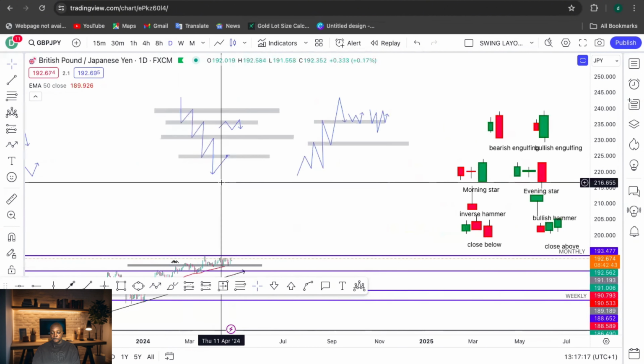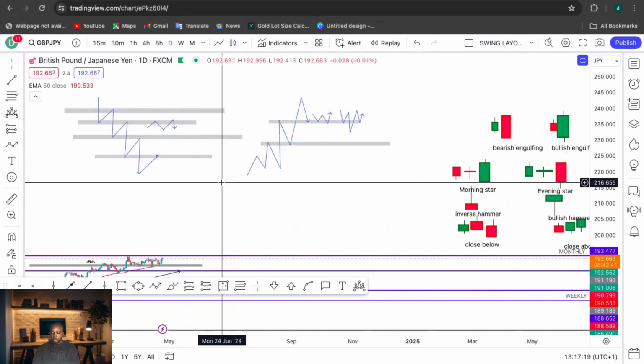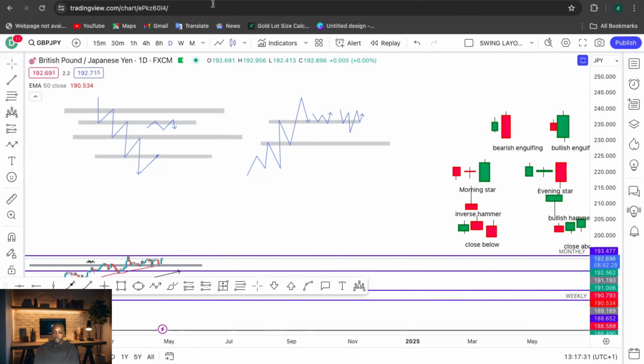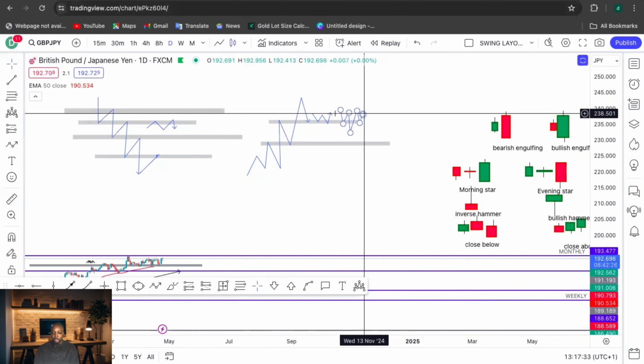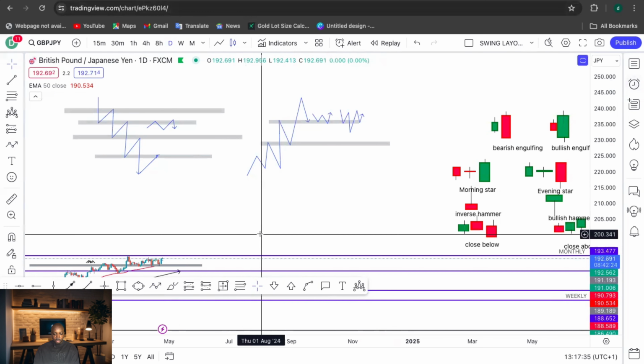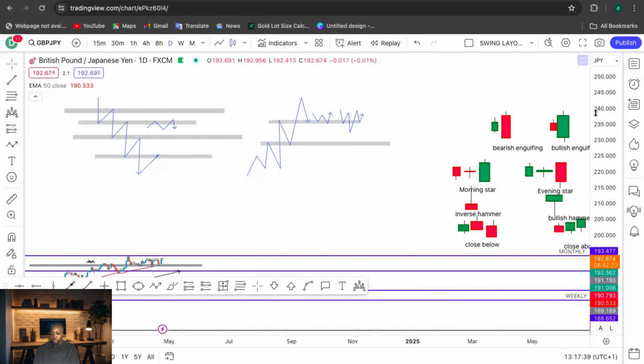So now let's go into stops and targets, because it's one thing to enter the market, it's another thing to know where to put your stop loss if you're wrong, and your targets, where to get out if you're right. For this, instead of doing what we did last time, I'm just going to go over some of the trades I took.